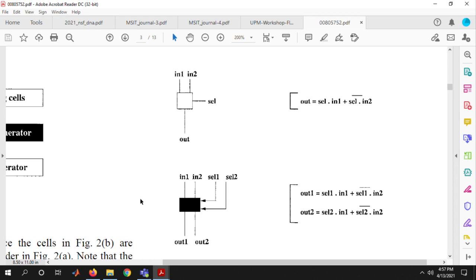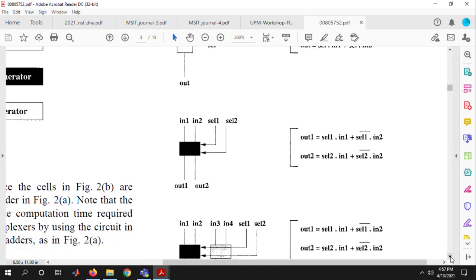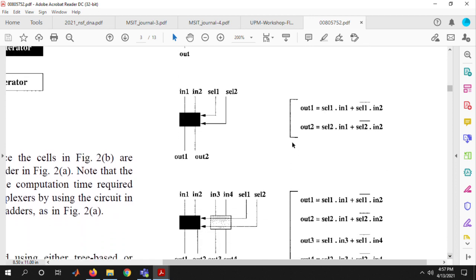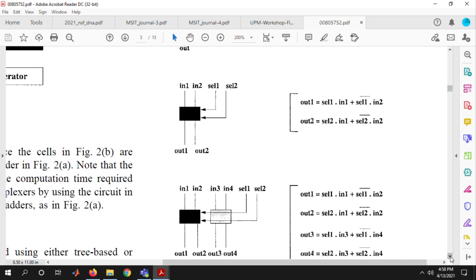If I have a box with 2 inputs and 2 outputs, then that box is computing out 1 from in 1 and in 2 using select 1 as a control signal. Out 2 is computed using select 2 as a control signal. So instead of showing 2 separate multiplexers, this is shown as a black box.